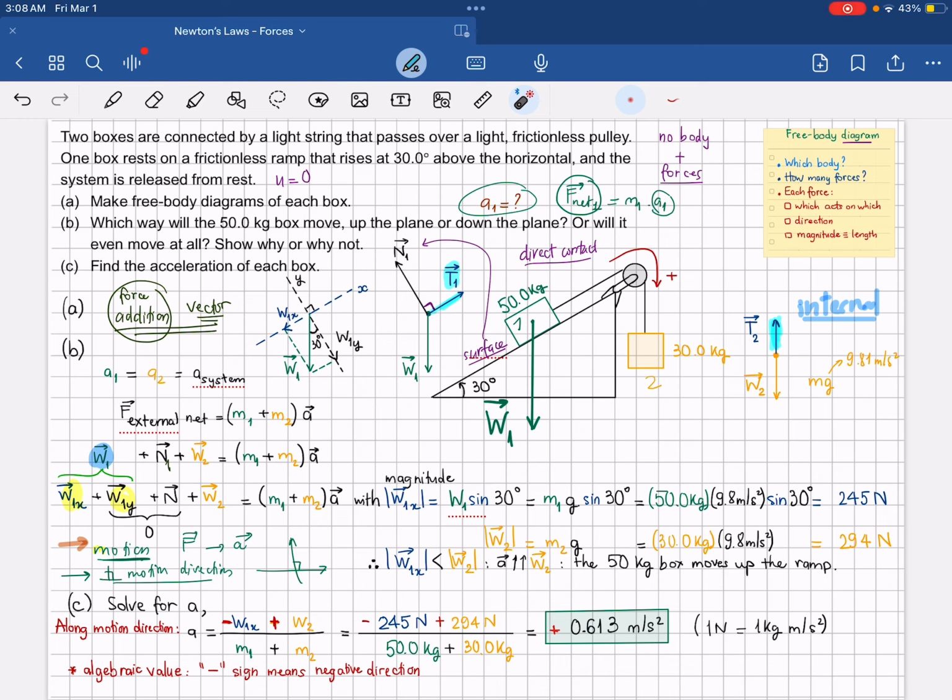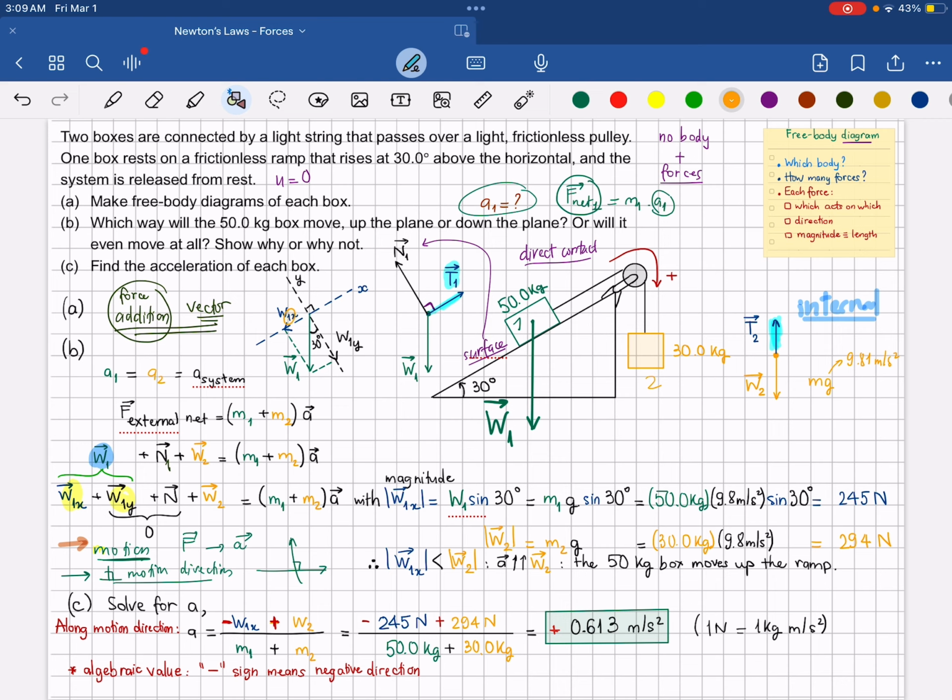Next, we will need to identify the magnitude of this one and this one. So how can we do it? This is also from the vector addition rule, and here you can see W1. Let me highlight it.